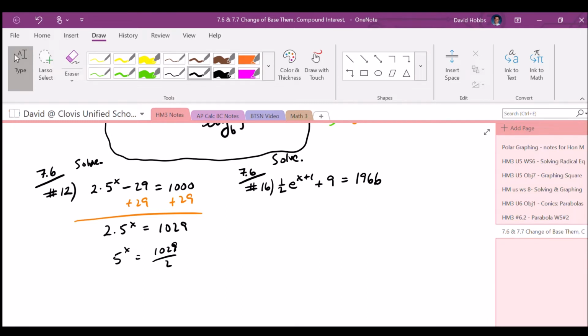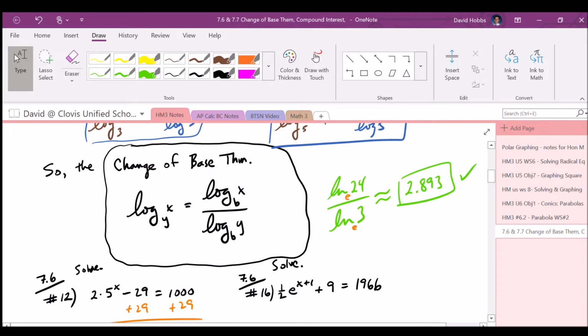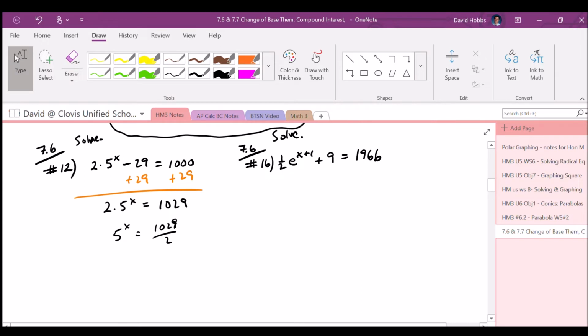You don't round until the very end of the problem when you're actually plugging the numbers into the calculator. So make sure you don't round. I'm just going to leave it as a fraction, 1029 over 2. Now, 5 to the x equals 1029 over 2. Can I write 1029 over 2 as a power of 5? Of course not. So I need logs.